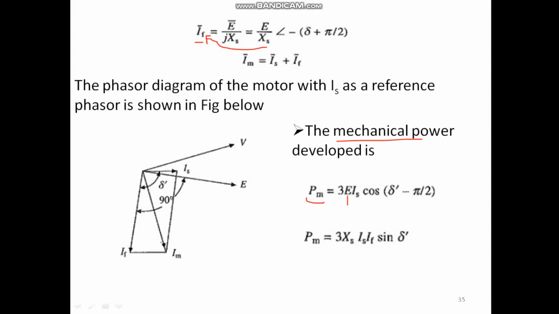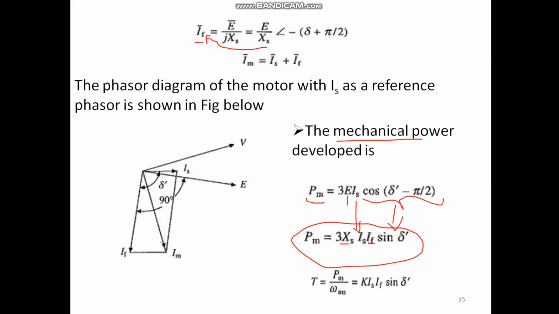So I get If into Xs, and Is I have kept as it is. Now cos of (theta minus pi by 2) I get as sin theta. So I end up getting this equation, which is my mechanical power developed.